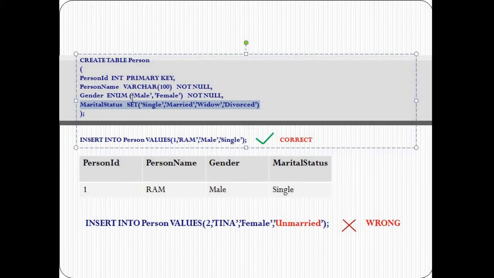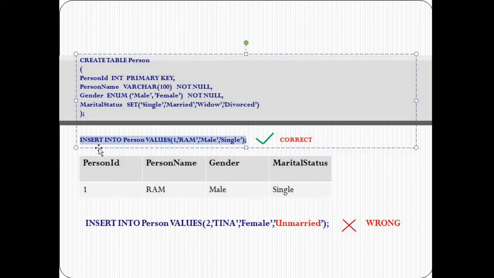The set constraint has been imposed on this column marital status, and the domain consists of 4 different values, which are single, married, widow and divorced. That means only these 4 values can be chosen for the column marital status. Any value which is outside of this domain cannot be chosen for this column marital status.